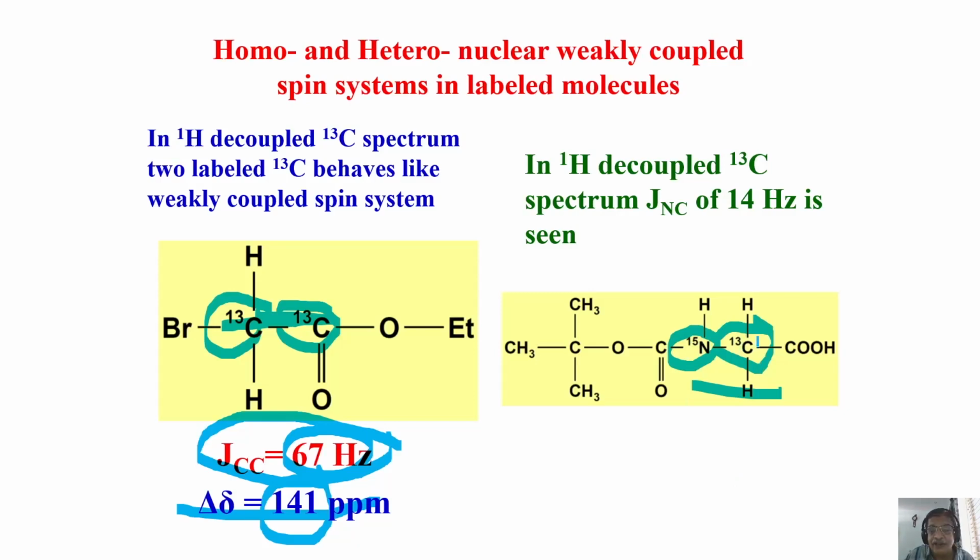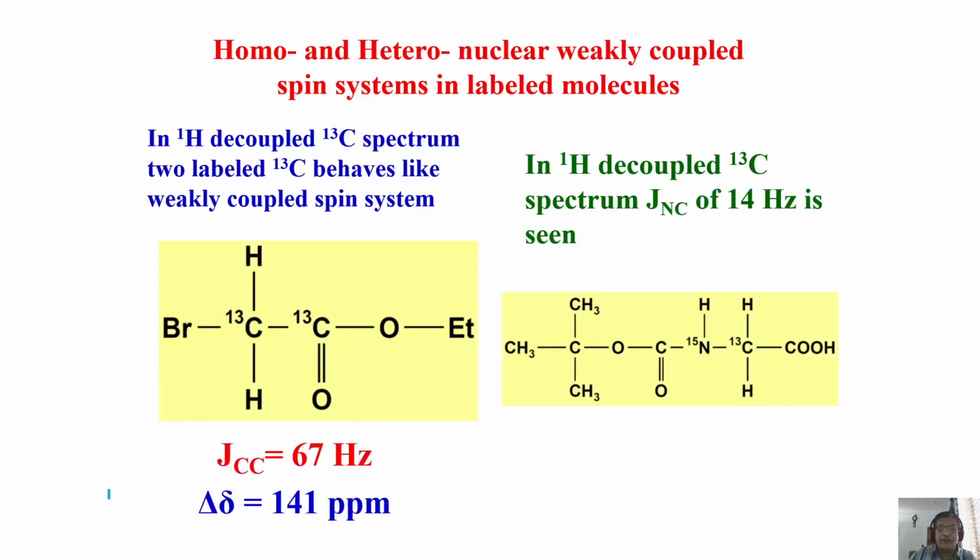At 300 megahertz, carbon comes at 75, nitrogen comes at 30 megahertz or 20 megahertz, whatever it is. It is 10 times lower gamma. Now what is the difference? Where is 75, where is 30? Such a large chemical shift separation and the coupling is only 14 hertz. That shows a heteronuclear system like this is always weakly coupled. You get the point now.